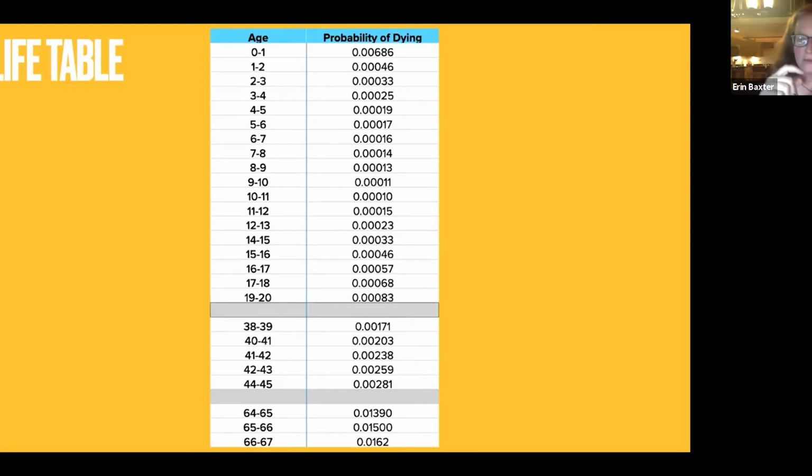So what you see is how likely are you to make it from 0 to 1, how likely are you to make it from 1 to 2? And you can see that it's a really, really dangerous time to be alive early in life. It's really dangerous when you're an infant. There's lots that can go wrong prenatal and postnatal, as you know, tragically, but I'm just trying to talk like a scientist.